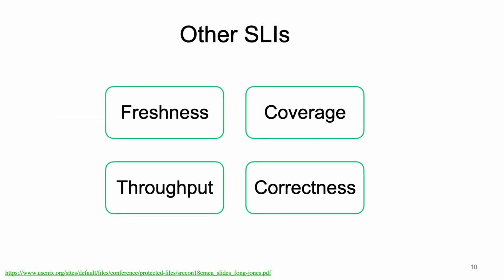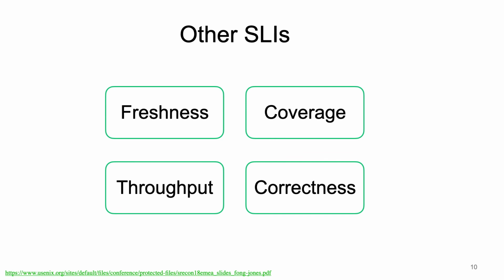There are a lot more types of SLIs. I request you to refer to Google's SRE books or the URL given here as a reference. These include freshness, for example, for a batch processing system, how fresh the data being processed is. Are you getting the right data processed, which is the latest and new?